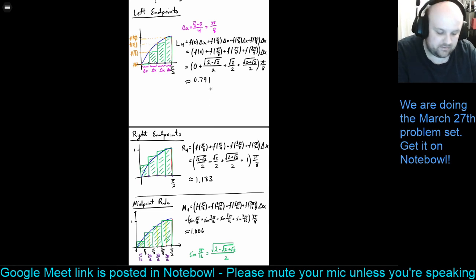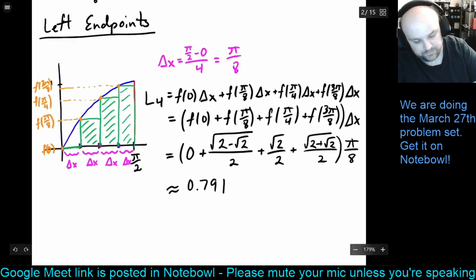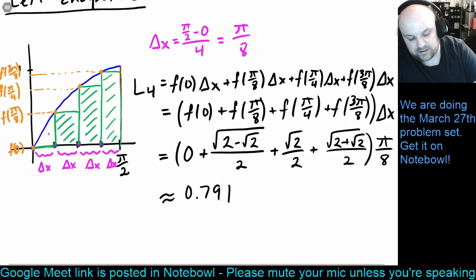So the midpoint rule sits somewhere in the middle. The left and the right endpoints are drastically different answers, right? If we look at the left endpoint, in this case, this is a big underestimate, because there's lots of gaps in the area that we're trying to compute.